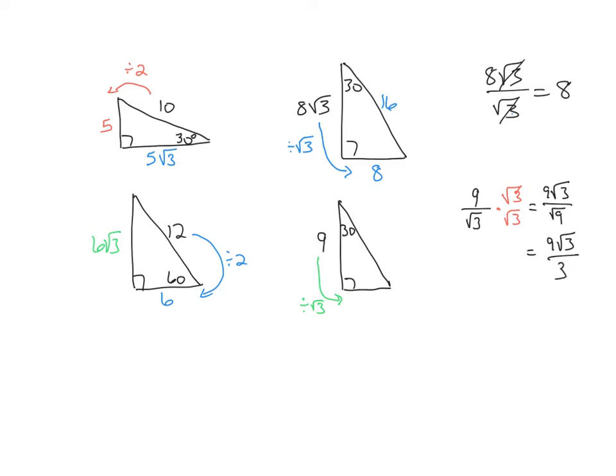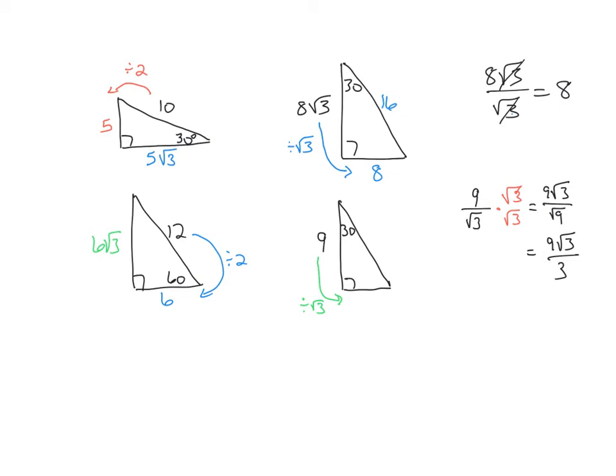So here's a perfect example that sometimes messes people up. I have a square root of 3 and I have a regular 3. I cannot do anything with those, because one of them has a square root and one of them does not. So do not do anything with the 3 under the square root and the 3 on the bottom. Can't do it.